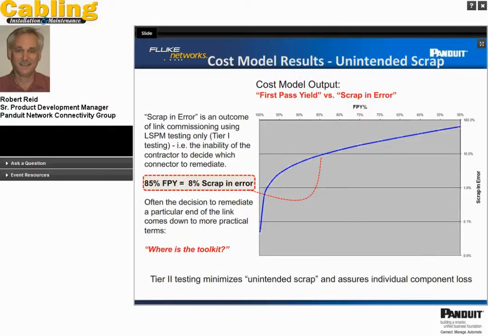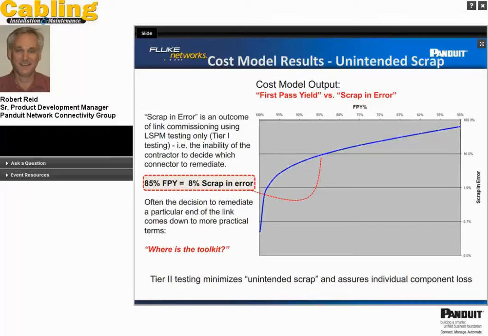Typically, if I have marginal failures, it's very difficult to determine, if I don't have tier 2 testing, which end failed. So as a function of first pass yield, how good the termination is, I create scrap and error.